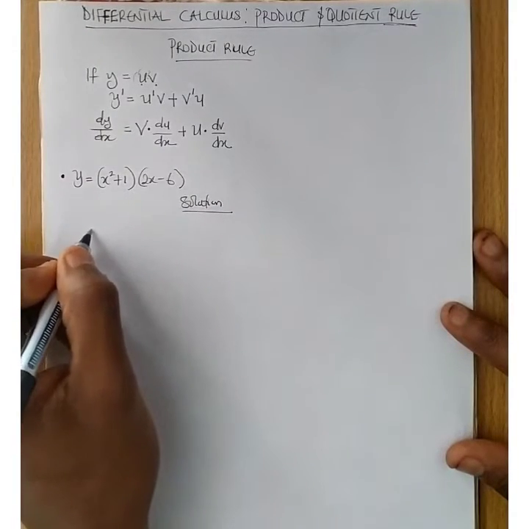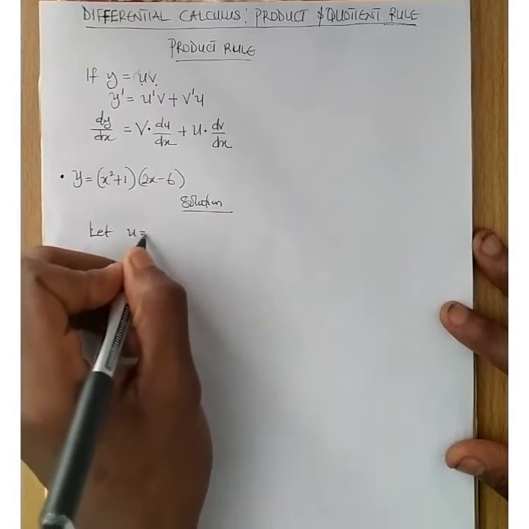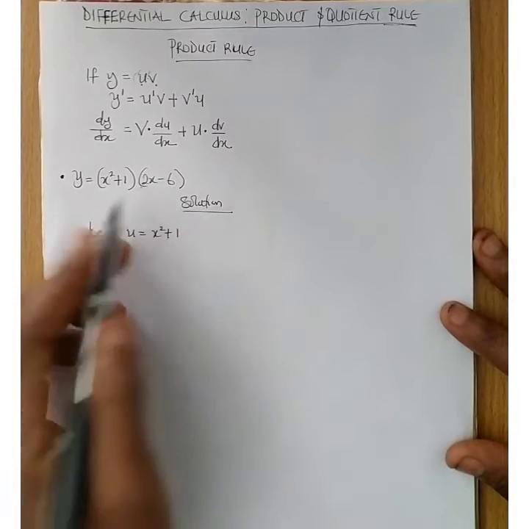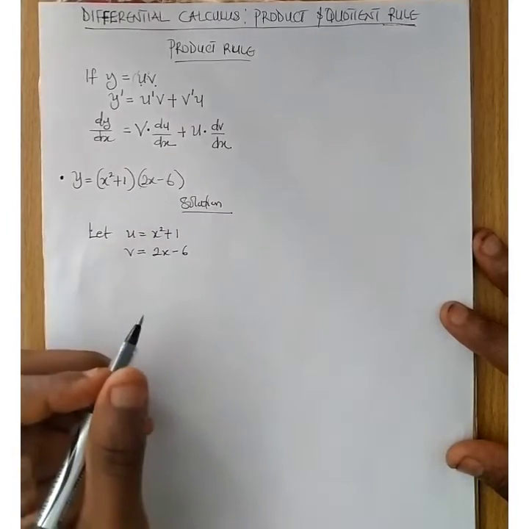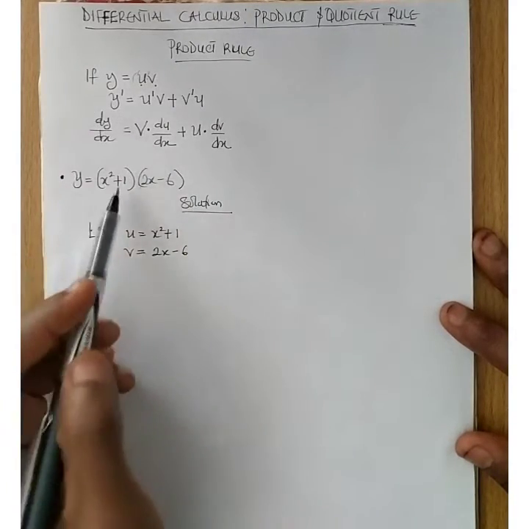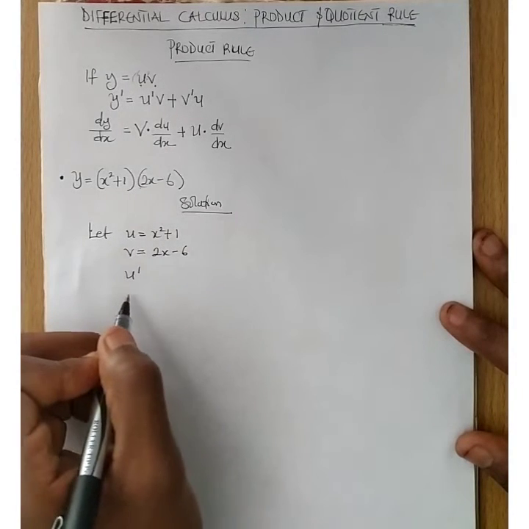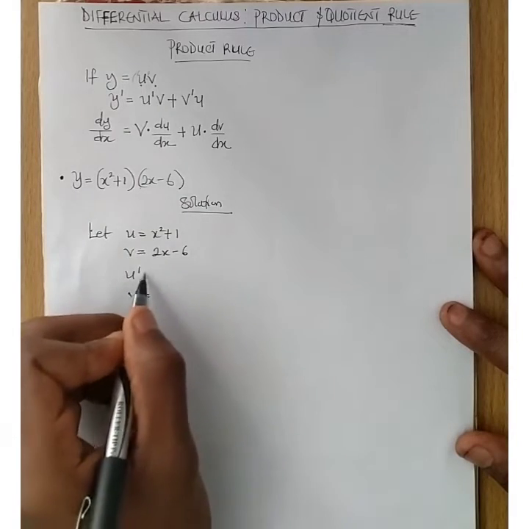I can say let function u be x squared plus 1. I can term this u and I can term this v. I can say v should be 2x minus 6, right? So judging by this formula, I'm going to find the derivative of u, which is u prime, and the derivative of function v, which is v prime, right?